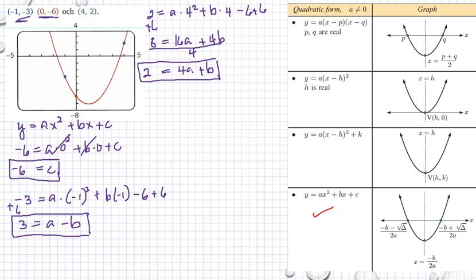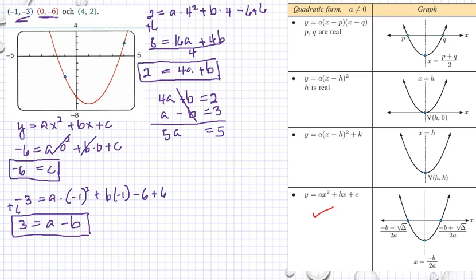Now if we put them together as a system of linear equations, then we have 4a plus b is equal to 2, and we have a minus b is equal to 3. By elimination or by addition, we have 5a is equal to 5.